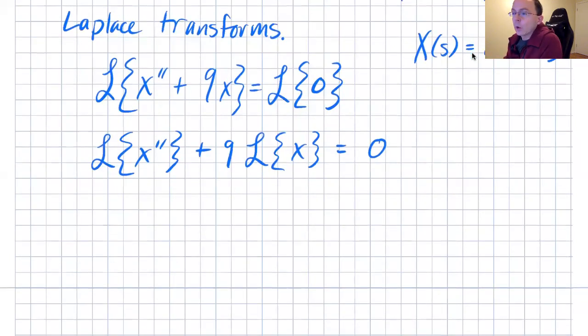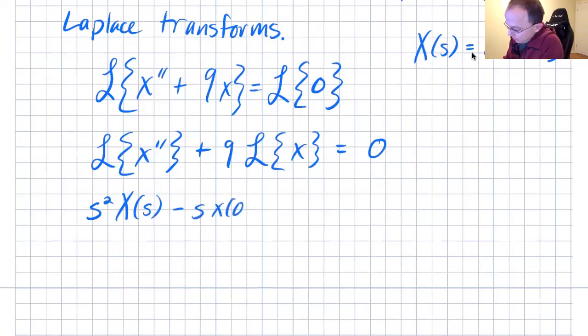So according to our second derivative rule from the table, we will have s squared capital X of s, minus s times x of 0, minus x prime of 0.